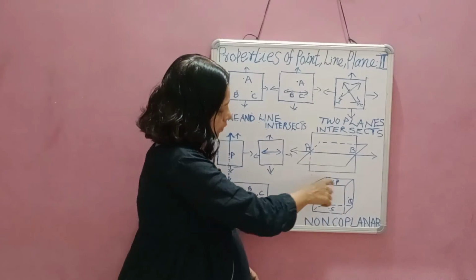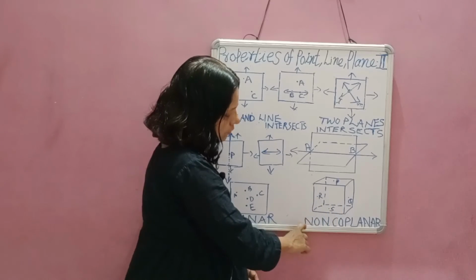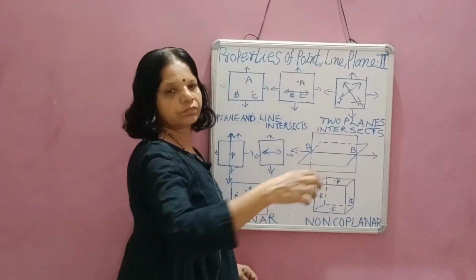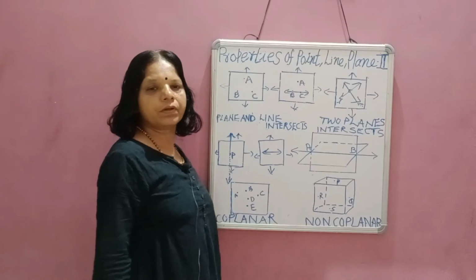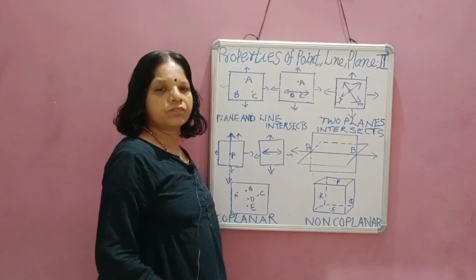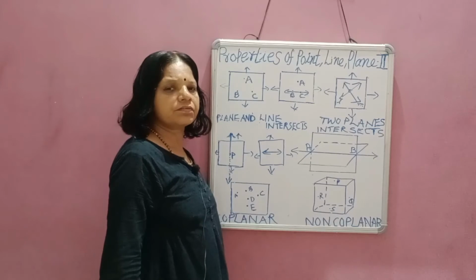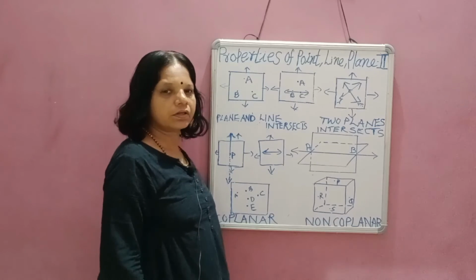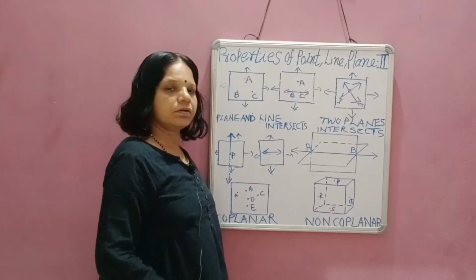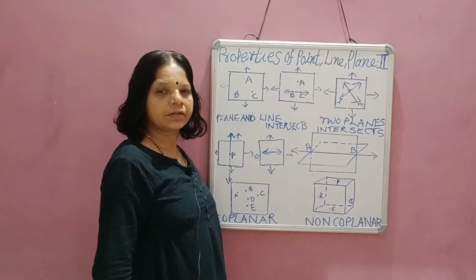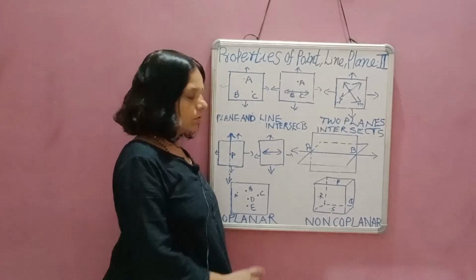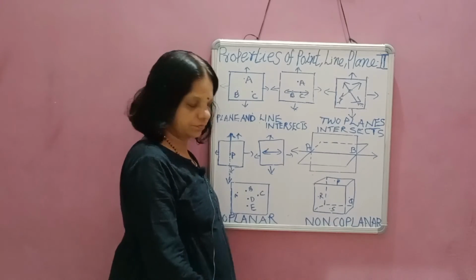So these points P, Q, R, S are said to be non-coplanar points. So what is the definition of non-coplanar points? If all the given points are not in a single plane, then they are said to be non-coplanar points.